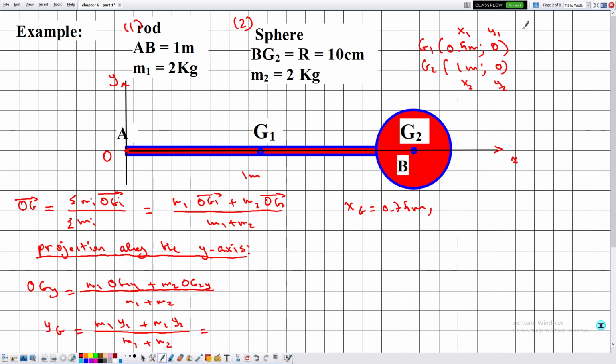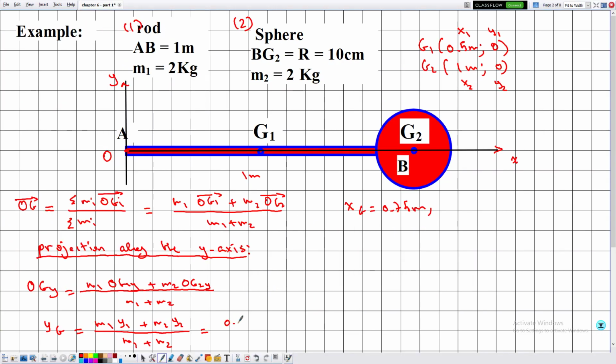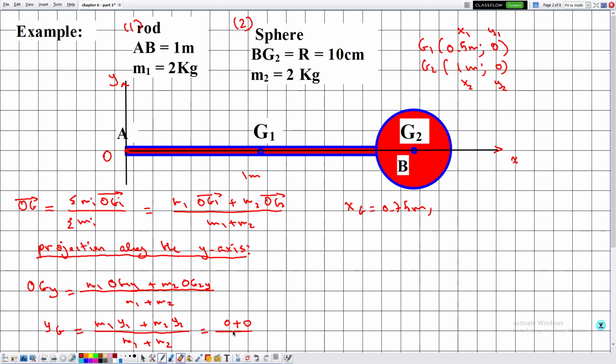Here the values of y1 and y2 are both 0. Because 0 multiplied by M1 is 0, let me write it explicitly: M1 multiplied by 0 plus M2 multiplied by 0, divided by M1 plus M2, so it's 0 divided by a number, which is 0.